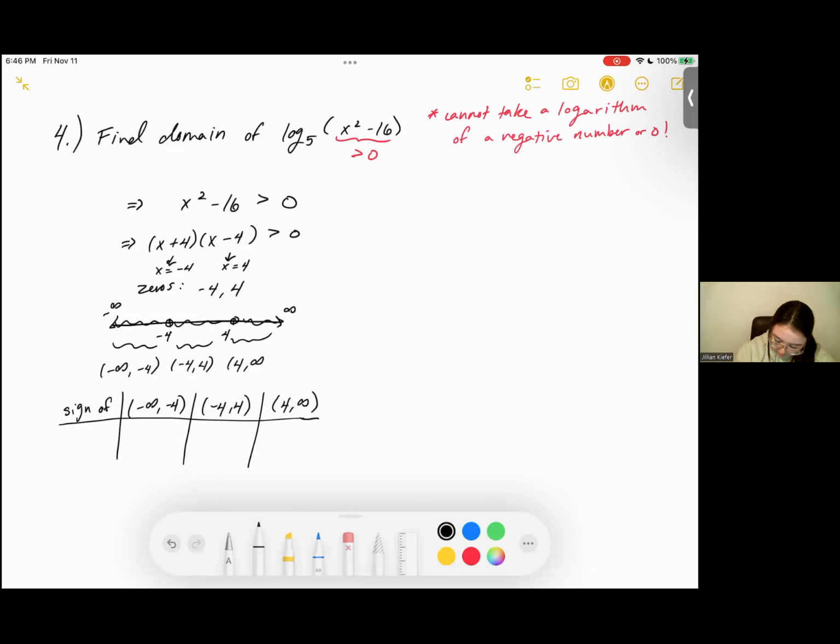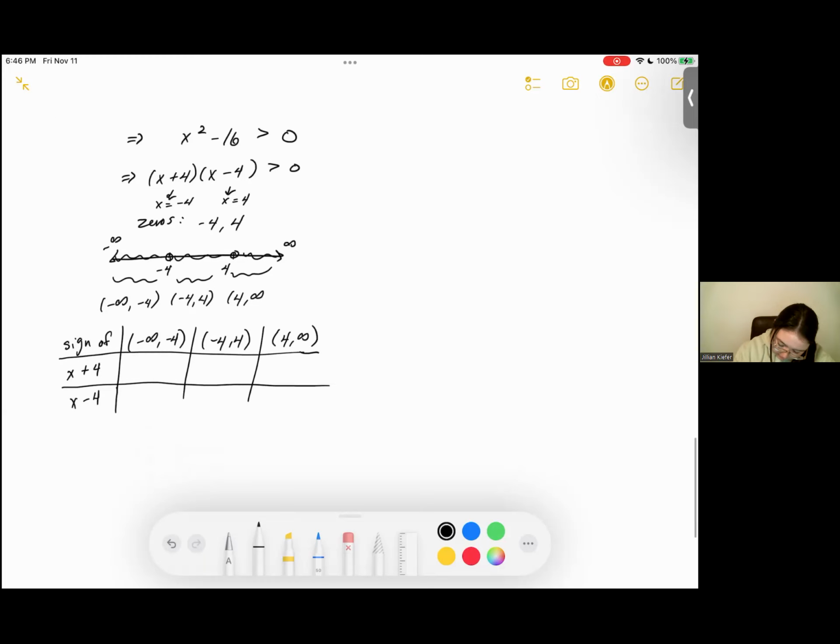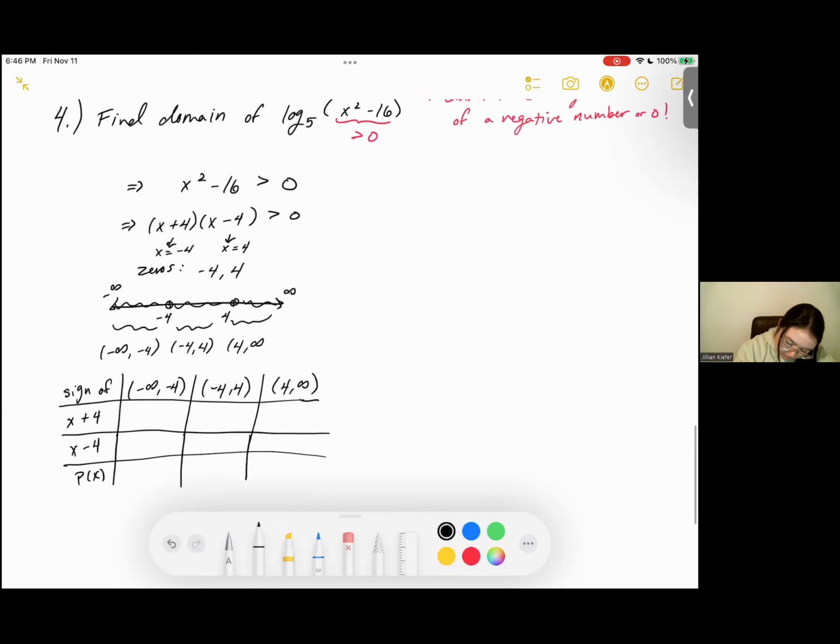And then over here we have our factors, x plus 4, x minus 4. We need a little bit more room. And then lastly, we have p of x, where this right here is p of x, x squared minus 16.